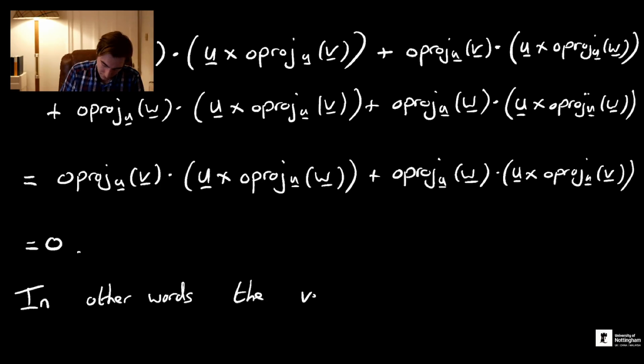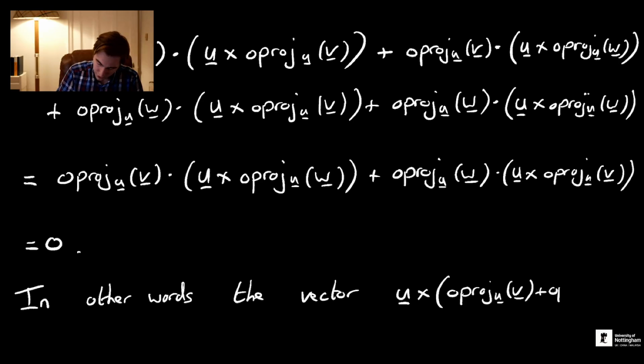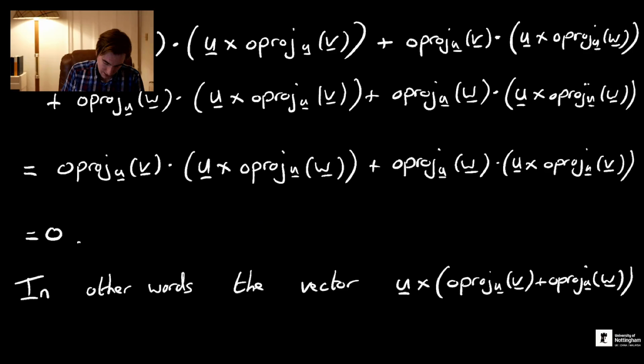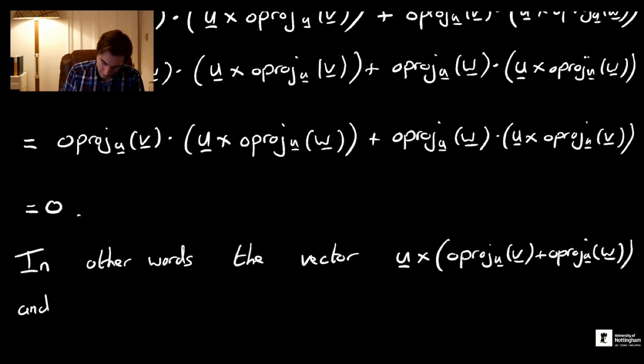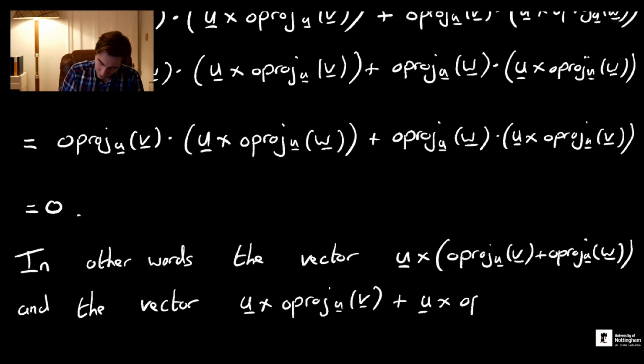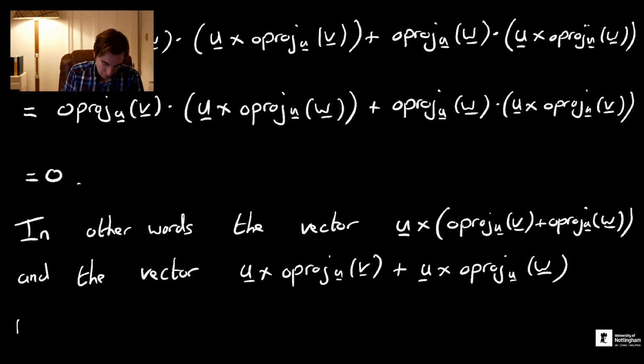So in other words, the vector u crossed with the orthogonal projection of v onto u plus the orthogonal projection of w onto u, and the vector u crossed with the orthogonal projection of v onto u plus u crossed with the orthogonal projection of w onto u, point in the same direction.